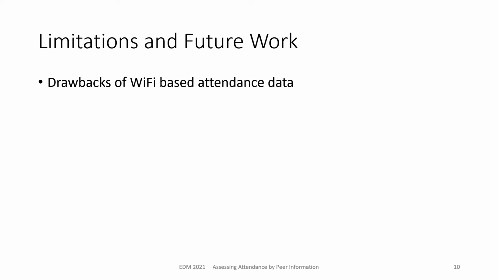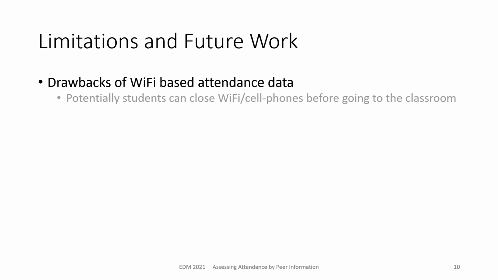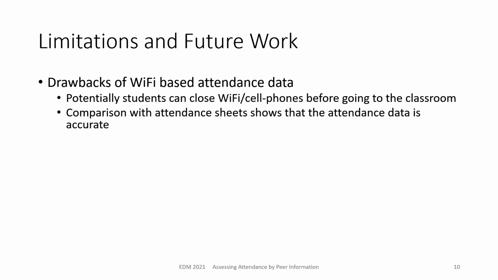In our experiments, we use Wi-Fi-based methods to collect attendance data. It is possible that some students close Wi-Fi or even their cell phones before going to the classroom. However, comparisons with attendance sheets show that the attendance data is accurate. We conjecture two reasons behind it.